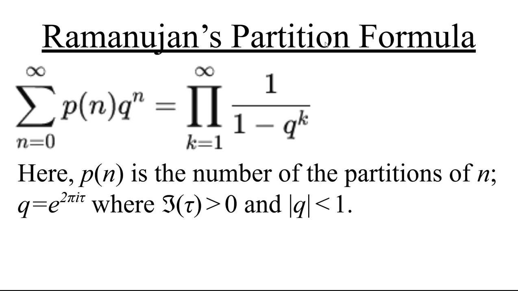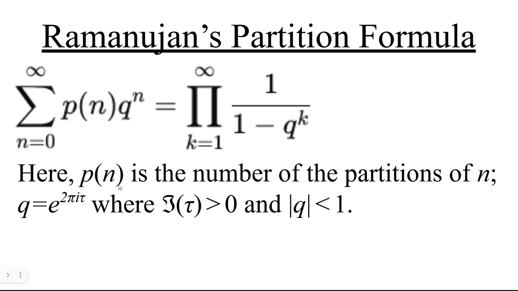Ramanujan's partition formula, which is very common and useful. Sorry for the blurry image here, but I hope it's still legible. So we have the infinite summation of partitions p(n) into a complex variable q to the power n, and this is equal to the infinite product of the reciprocals of 1 minus q to the power k.